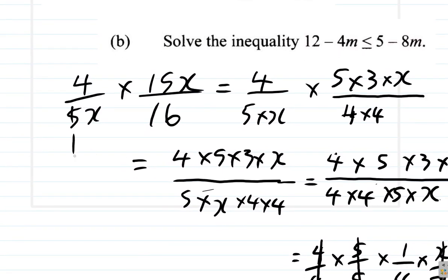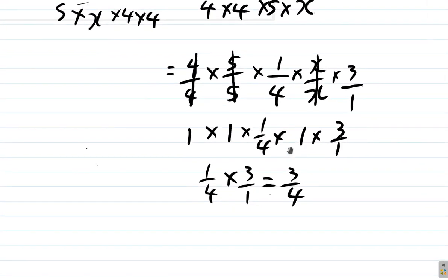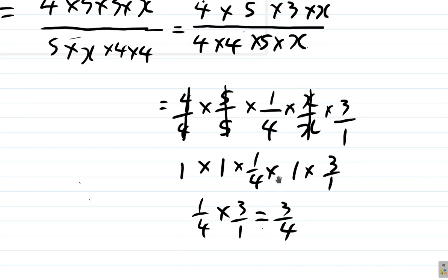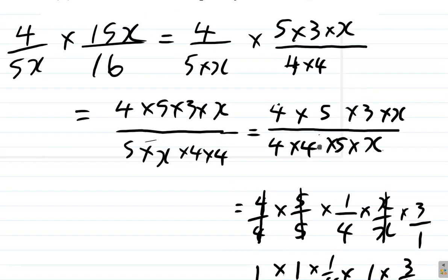You could say 5 into 5, 1, 5 into 15, 3, 4 into 4, 1, 4 into 16, 4. x cancels x, so you have the 3/4. So you would end up with the 3/4 from the start, but I just explained it in more detail here. Alright, so that is that.